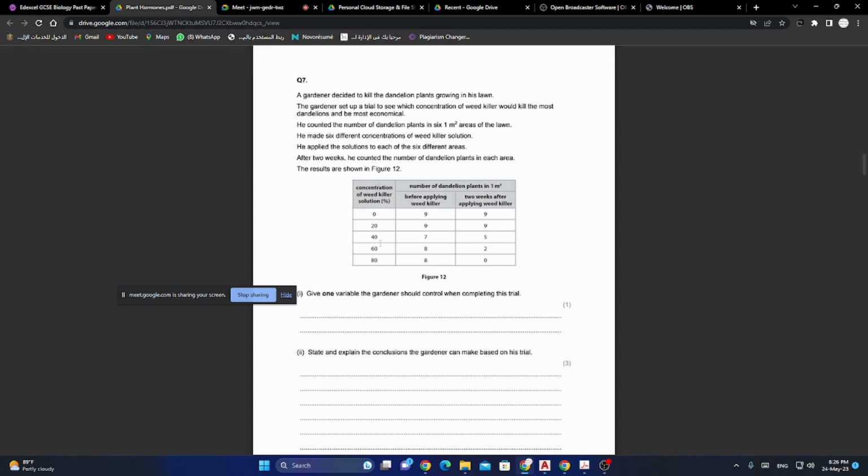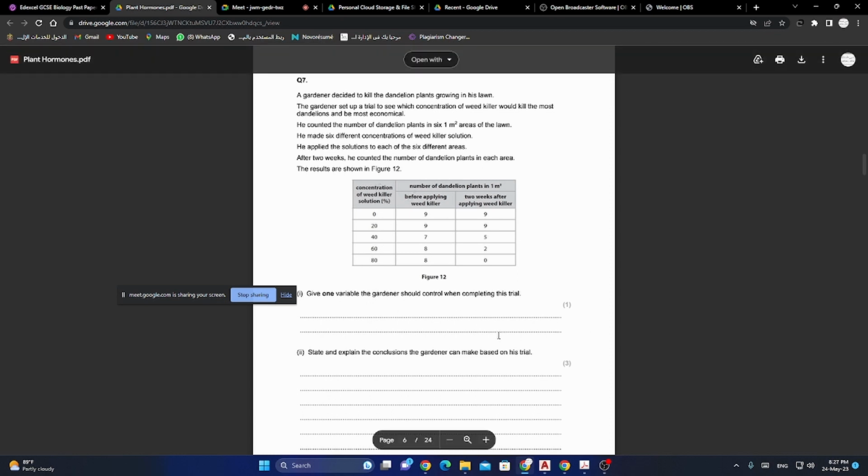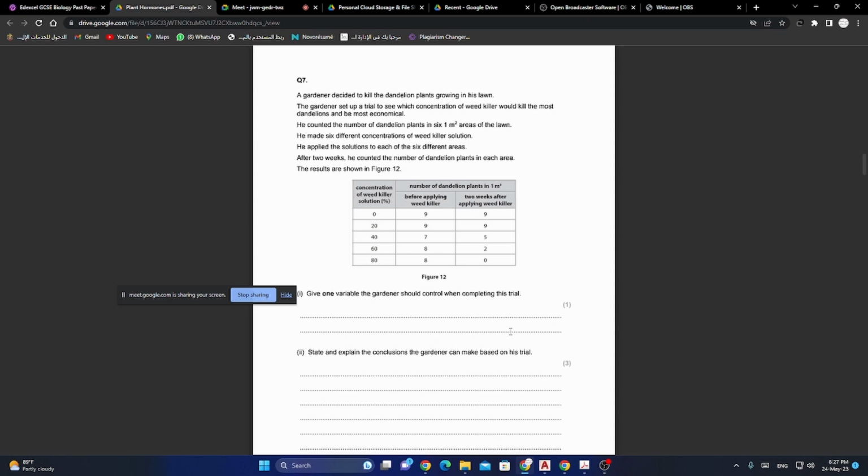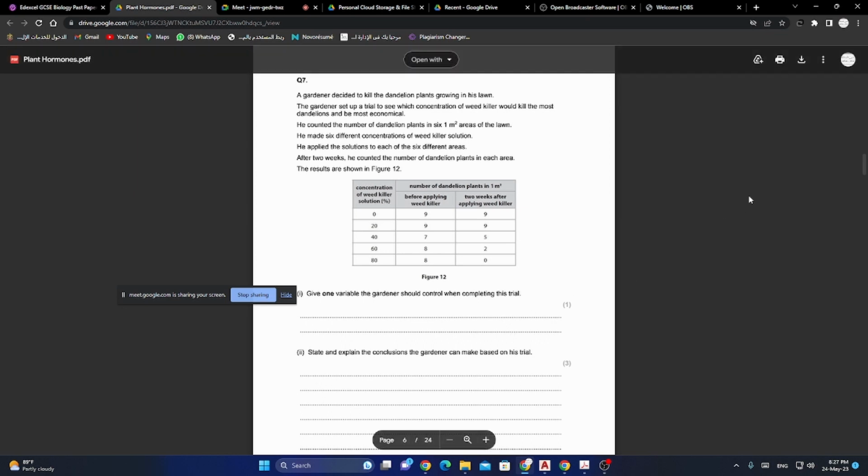I think you said concentration, right? When you were talking about control. Yeah, in this case, you are also going to have to control the volume, right? You're changing the concentration, but you are going to keep the volume, the amount of weed killer, the same. It's just the concentration that you're changing.